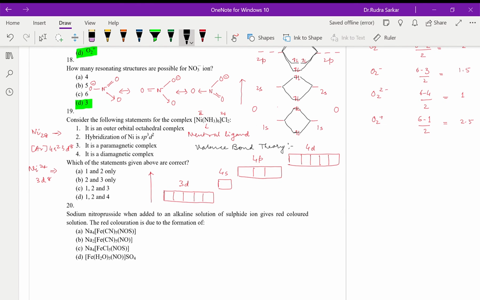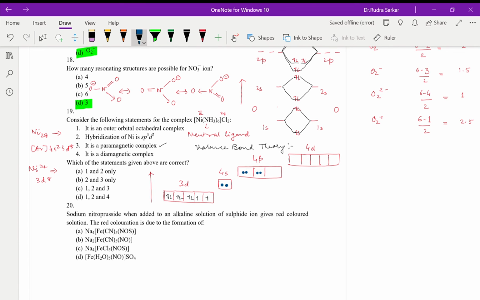So now NH3 is a neutral and a weak field ligand, so for that the electrons have to be arranged in the following manner. So as we can see, it is having 2 unpaired electrons, so it is a paramagnetic complex. So this statement has to be correct. Now for the ligands, 2 electrons will be for each ligand, so total there is 6 such ligands.